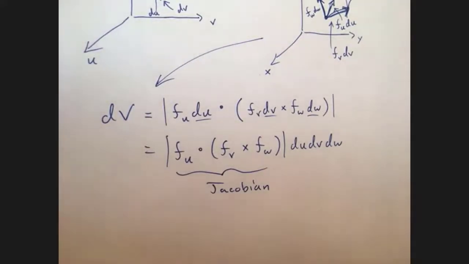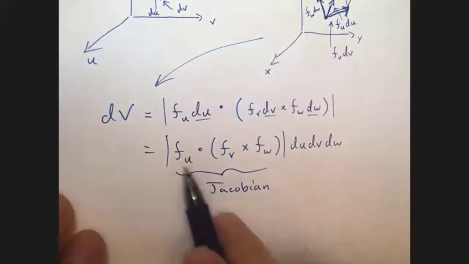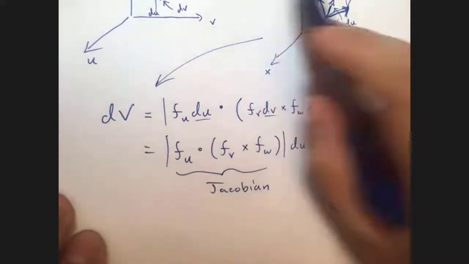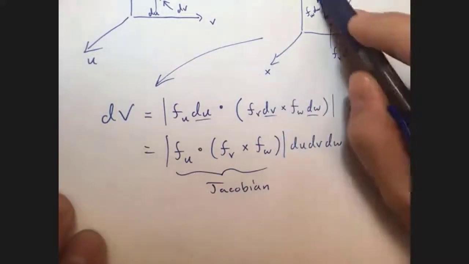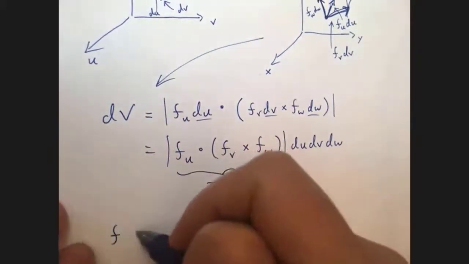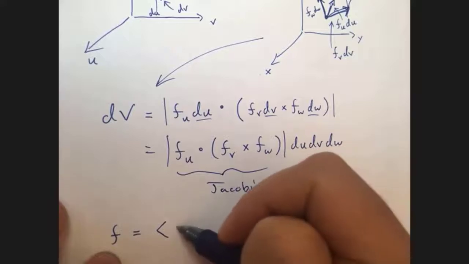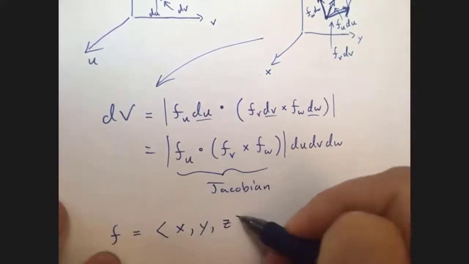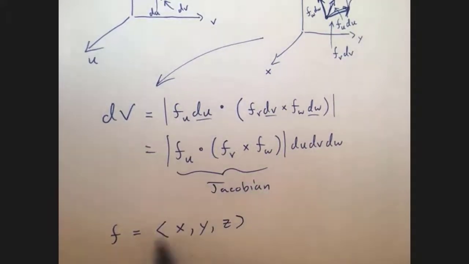Now, how do you compute these? Remember, f has three components. It's determining an x, y, and a z. So f is just x, y, z, where x, y, and z are all functions of u, v, and w.